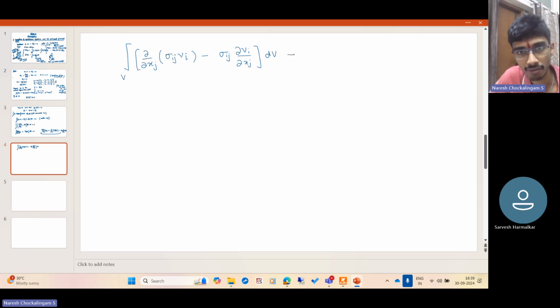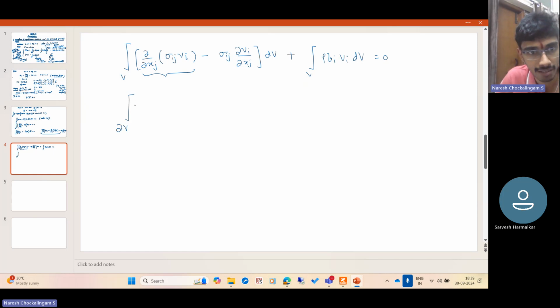This integrated over the entire volume plus integral over v of rho bi vi dv is equal to 0. Next, look at the first term. So this is nothing but dou by dou xj of something integrated over the entire volume. Here you can use the Gauss divergence theorem so that this becomes an integration over the entire surface.